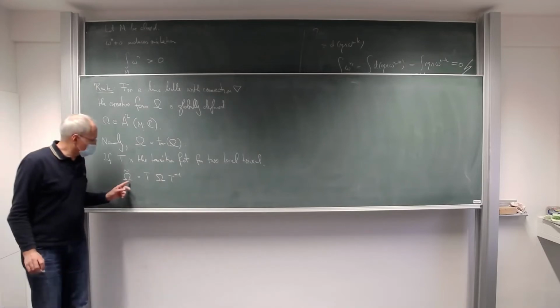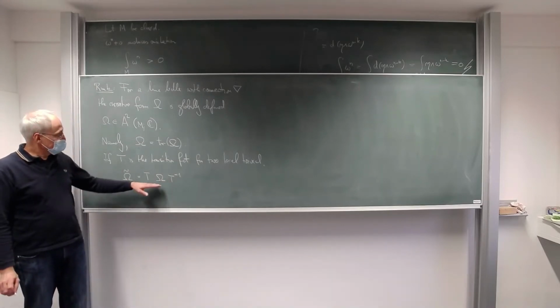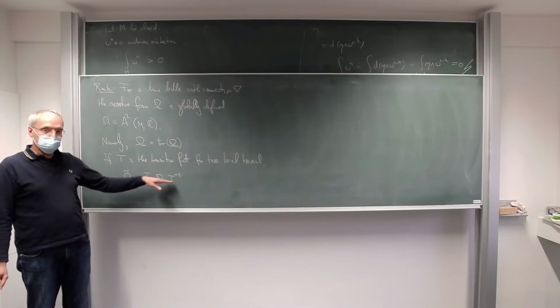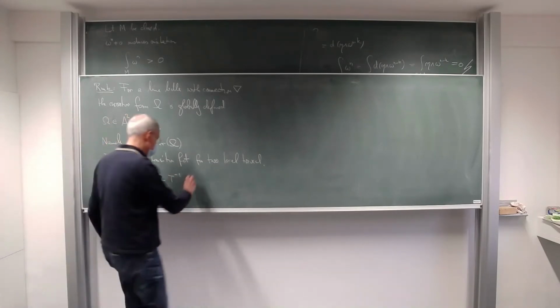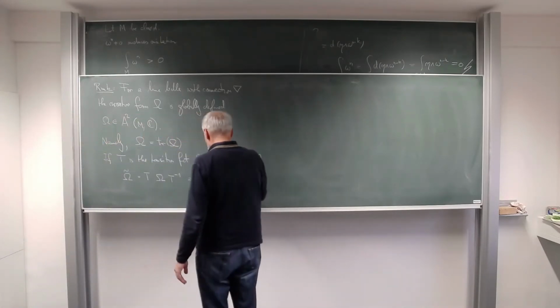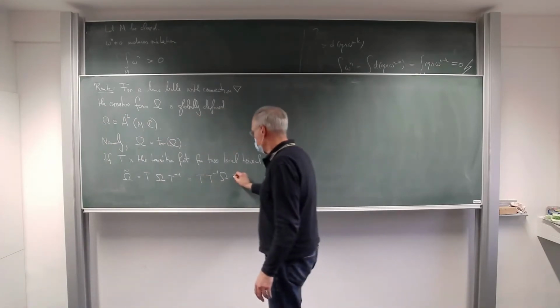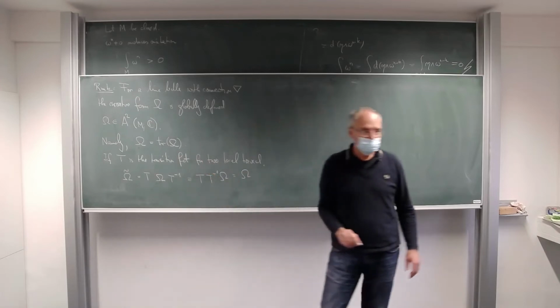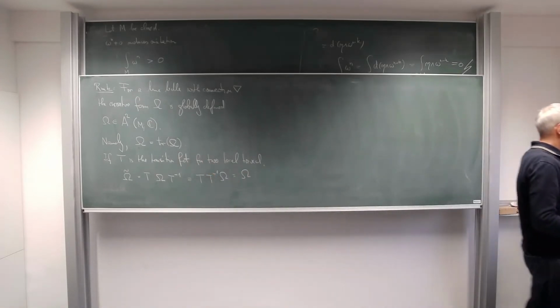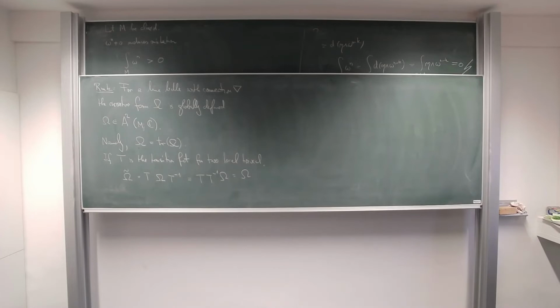But in the case of one-dimensional matrices, these are just numbers and they commute. Of course, that would not work for matrices of larger size. And so that tells you that the curvature forms for two different local trivializations coincide on the overlap.